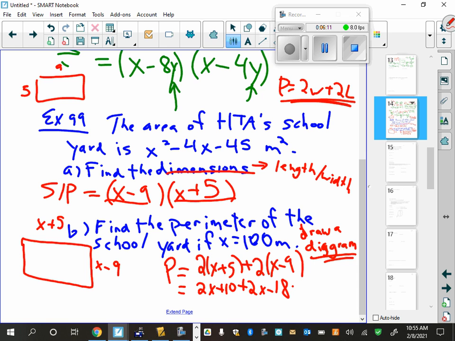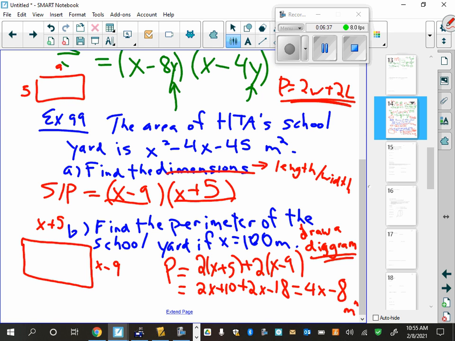Anybody get 4x subtract 8? And then you can put meters if you want to. Let's put meters. Just make sure you know it's not in square meters. That's area. Area is in square meters. Perimeter, length, and width is just in meters. Anybody get 4x subtract 8? You understand it now, though?